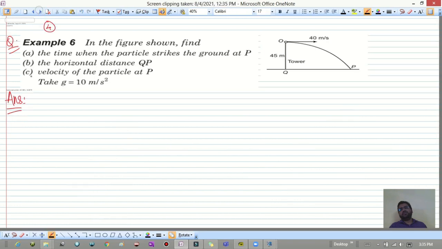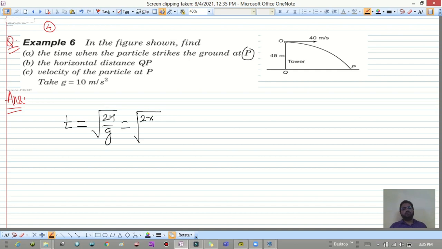Now the next question we have, in the figure shown, find the time when the particle strikes the ground at P. We want the time when the particle strikes the ground at P. Okay. Now time we know, time is equal to root of 2h divided by g, whenever it is thrown horizontally.